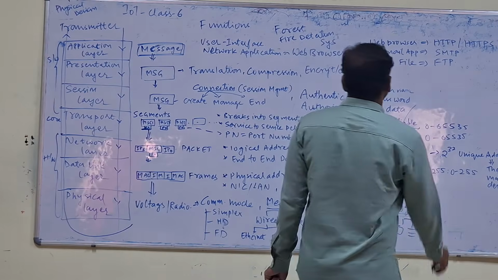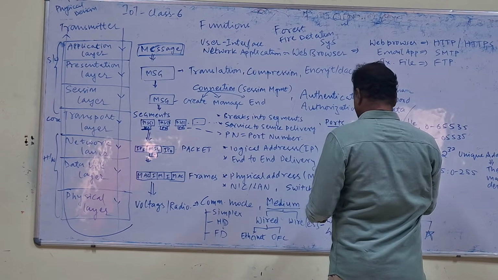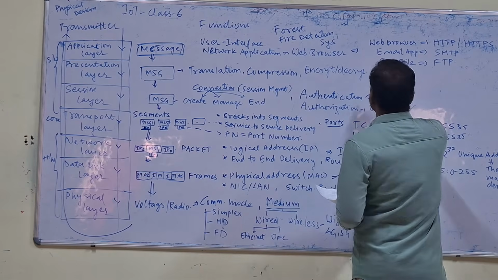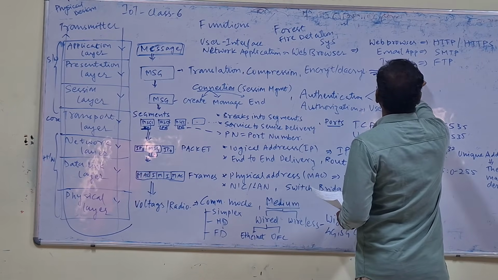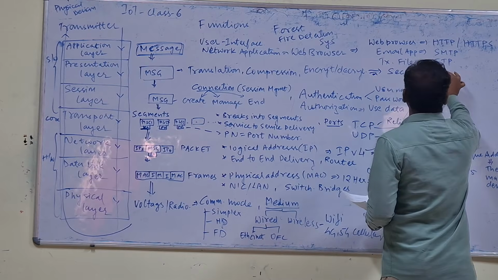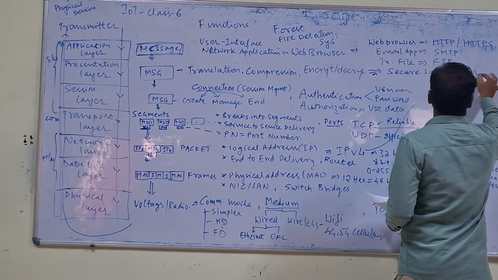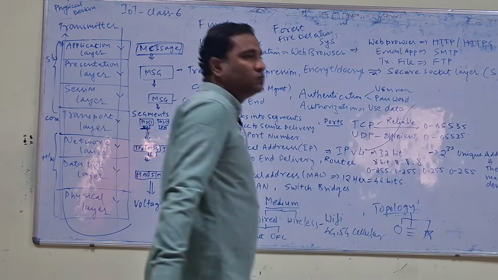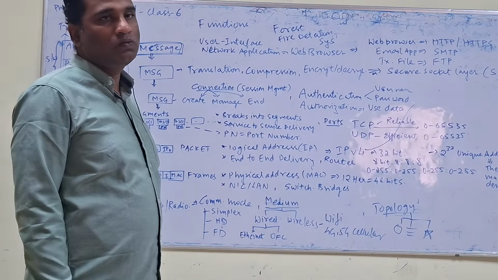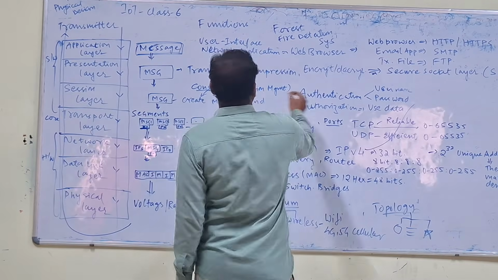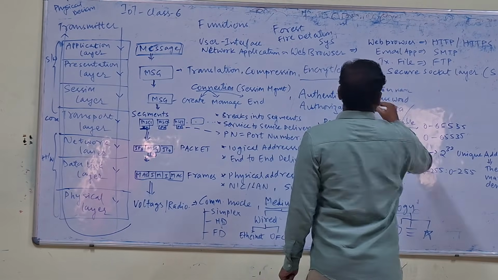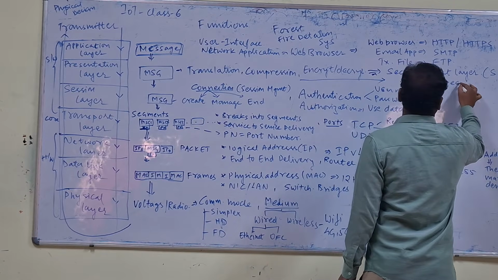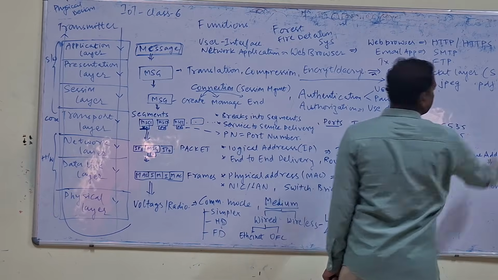One of the protocol examples is the Secure Socket Layer protocol, where the encryption and decryption will be done. Here in this layer, it will be decided whether your file is an .mp3 file, a .jpeg file, or a .pdf file.